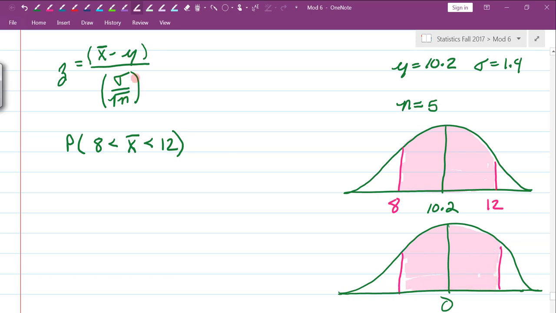So if I want to find the probability of our z's with x bar equaling 8, z is going to be equal to x bar minus mu, so 8 minus 10.2, divided by our standard deviation, 1.4, divided by the square root of 5.